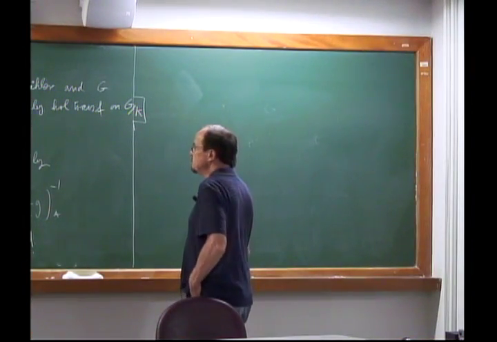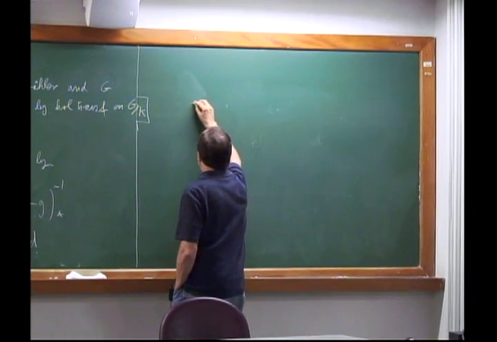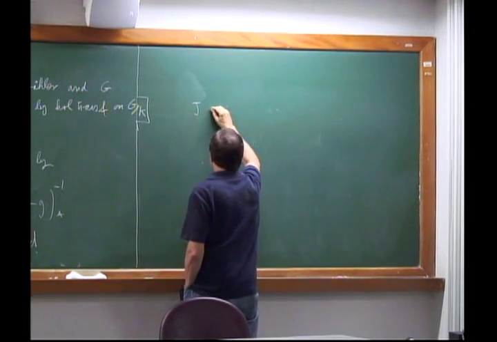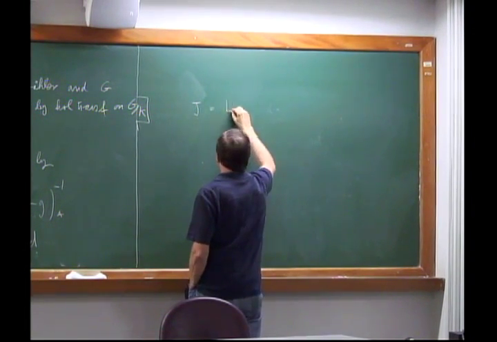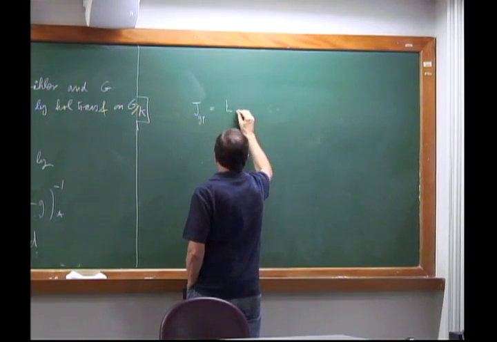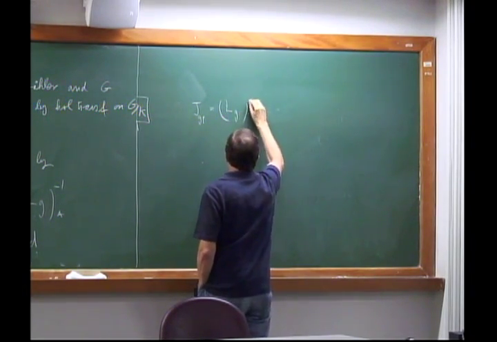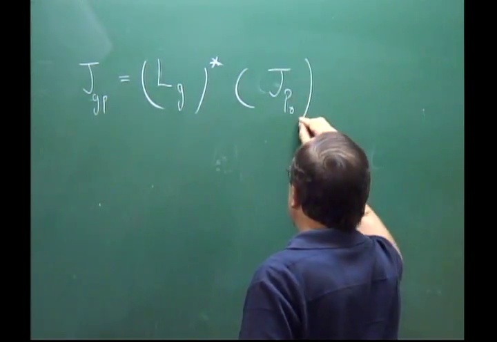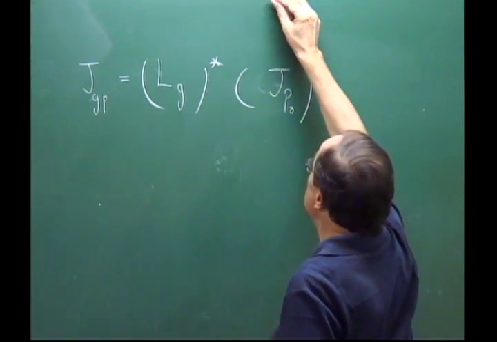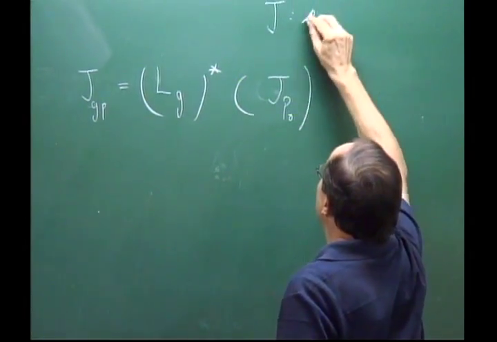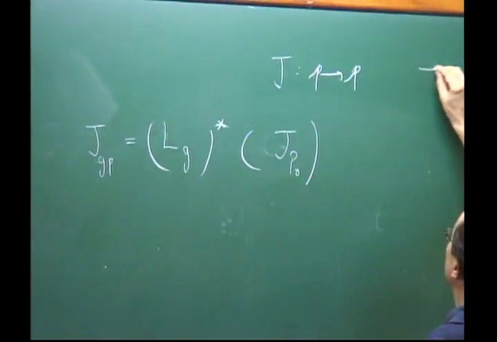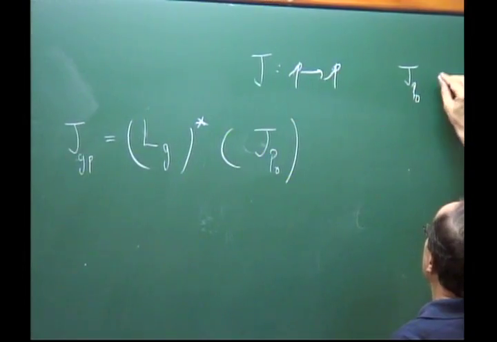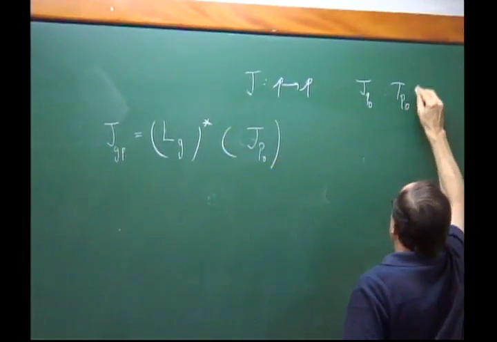So let's see. We defined J at G P as L G star of J, let's say at the point P naught, right? So our J in the theorem, I can regard as an element at P naught.